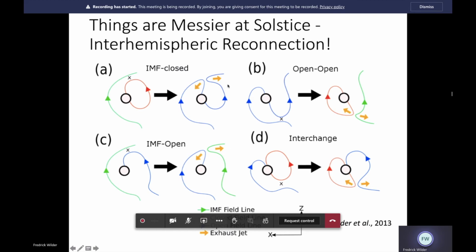Then it'll happen in the winter hemisphere. So if it reconnects with a closed field line, you get an over-draped open field line on the day side that'll reconnect in the winter hemisphere. And it can reconnect with an open field line in the winter, or it could reconnect with a closed field line in the winter. And so that leads to a very complex structure in the polar cap.